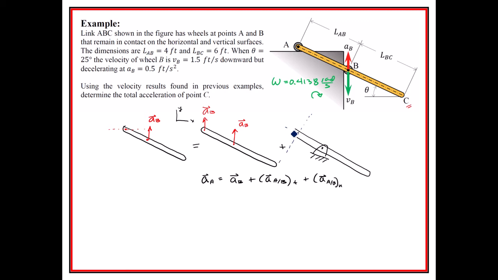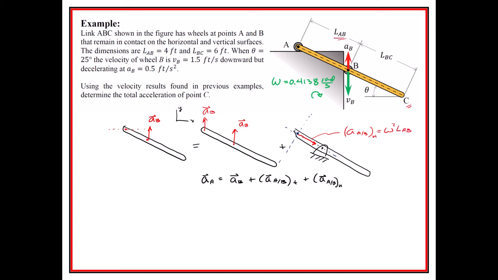The other is going to be normal, and it's going to be along this line right here. The normal one we could find right away because we know that this acceleration of A with respect to B normal is just equal to omega squared, and in this case it's L_AB.